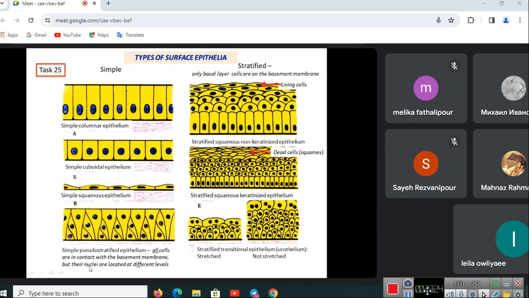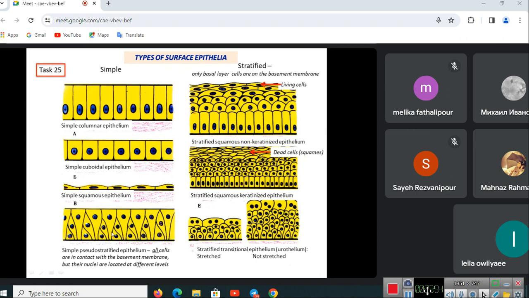So in simple pseudostratified epithelium, all cells have junctions with basement membrane, but their nuclei are located at different levels. And it is because these cells actually have different height, because they are the cells of the differon at different stages of life cycle.